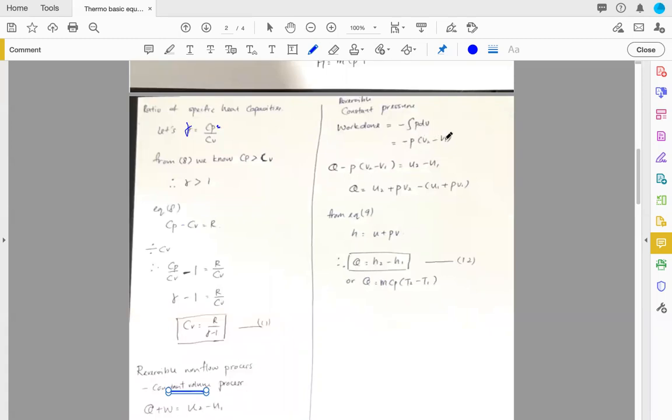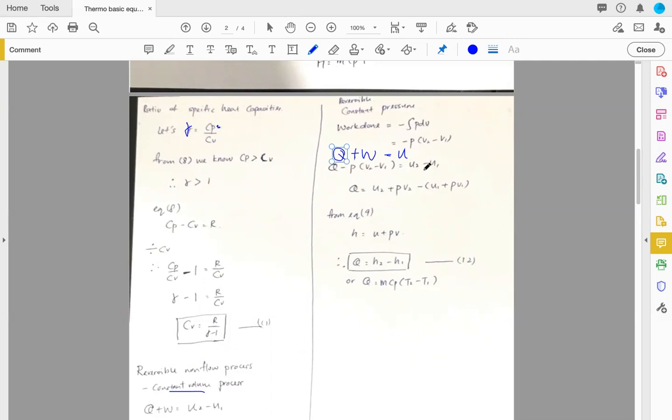So we have negative because it's work done by the system: P times volume 2 minus volume 1. So again, back to Joule's law, Q plus W equals delta U. Because the W, work done, is negative, it's done by the system.